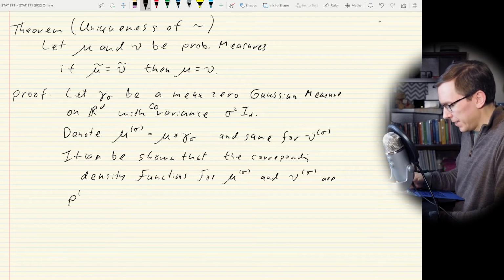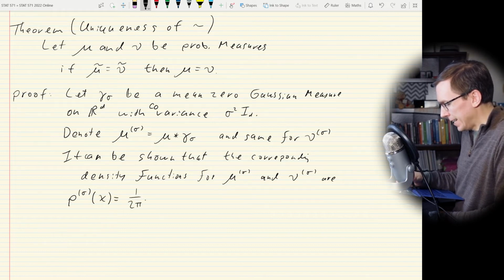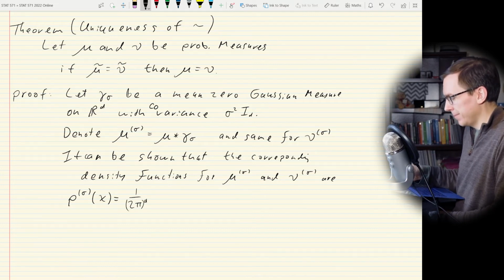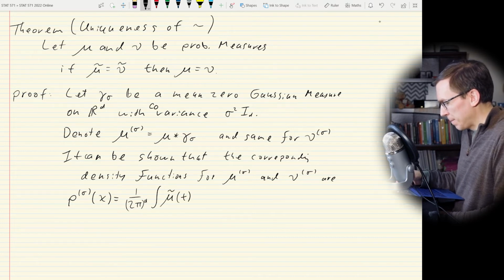p sigma of x, which is going to be 1 over 2 pi to the d, integral of mu tilde t, and then this is going to be e to the minus i inner product of t and x.